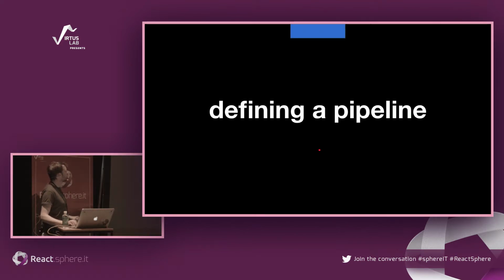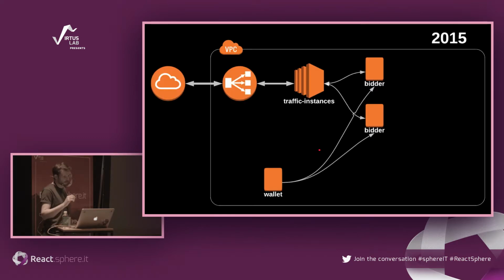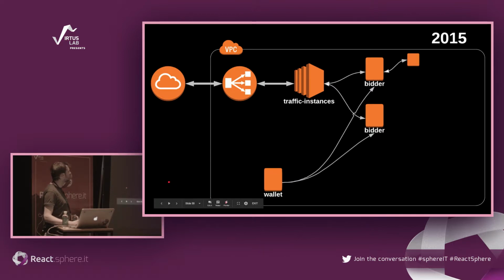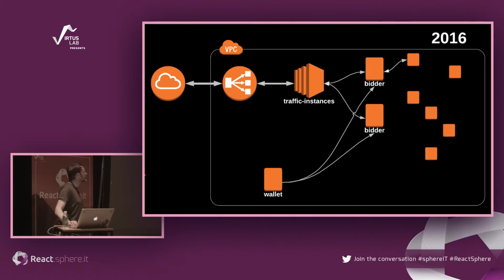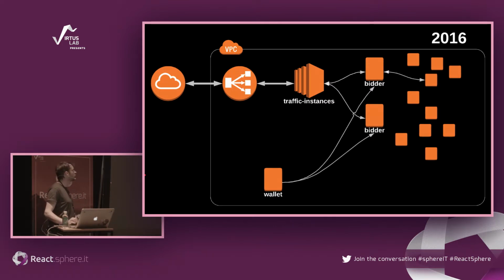So getting back to our business, in 2015 it looks simple, right? There was only traffic and bidders, but then we got some requests for features, and we realized that we cannot squeeze all data into one bidder.